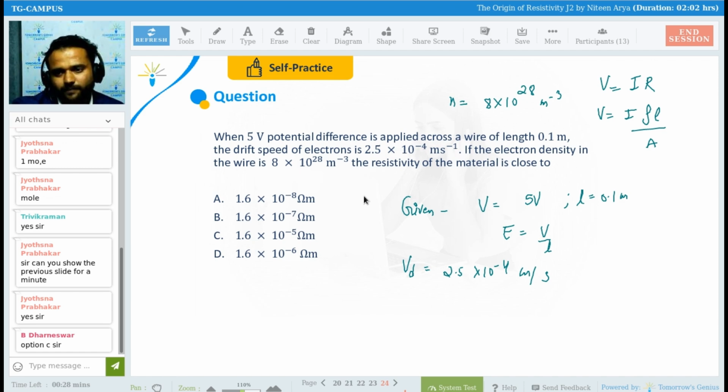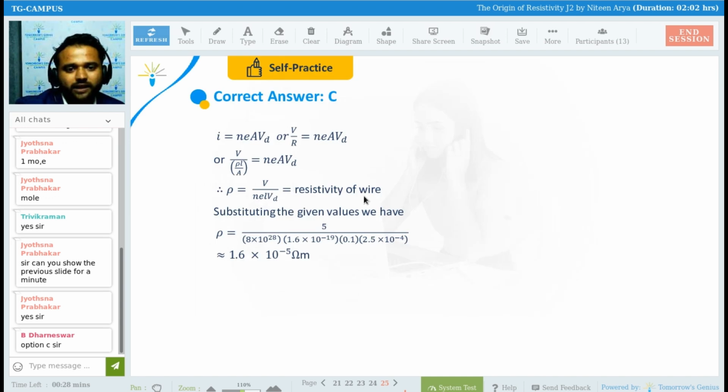V by L is E, I by A is J, but we don't have J. Let's see how we can do that, because sometimes I am confused. I equals nevD, V by R equals nevD. Or V equals rho L by A, putting everything in, rho is V, voltage, nELvD. Just rearranging the terms, and yes, the correct option is C.